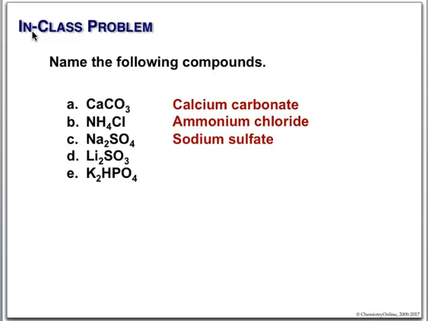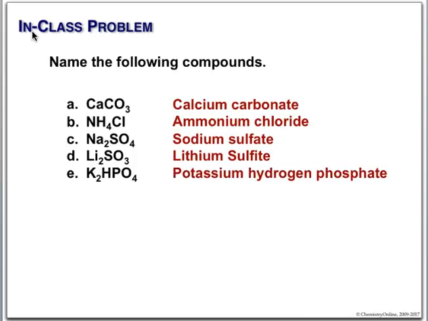So this is simply lithium sulfite. And finally, we have three words in our name here. Potassium is going to be the first. Hydrogen will be our second. And what is PO4? It's phosphate. Potassium, hydrogen, phosphate.